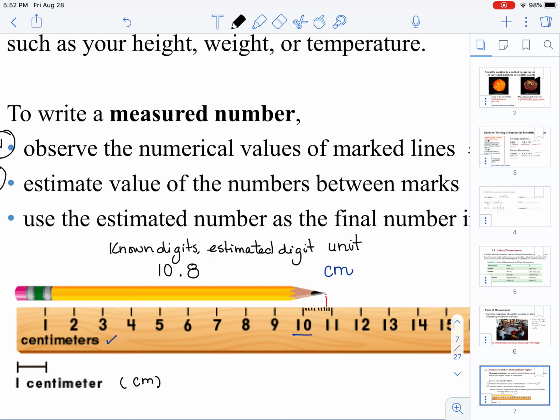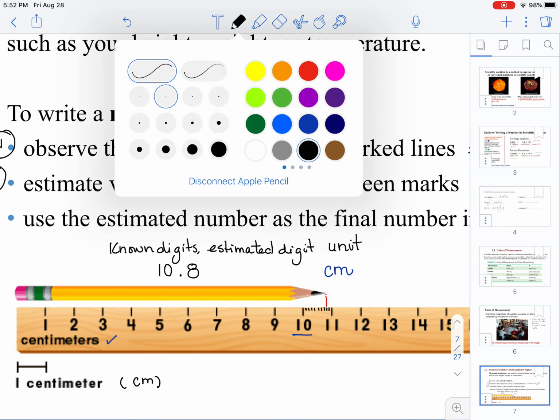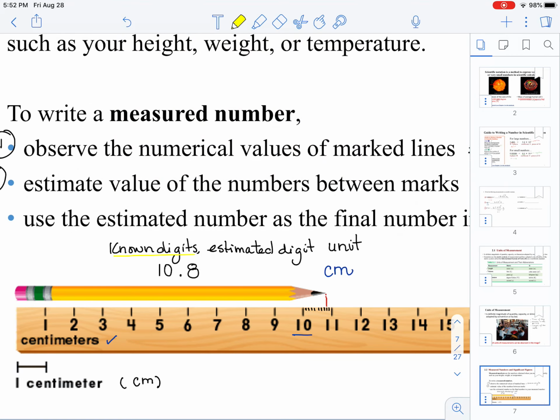So when we report this measurement, as you can see, your known digit is going to be the 10, because that's the marked line that we know is present. Then we're going to have an estimated digit, which is our estimate that comes from these lines.